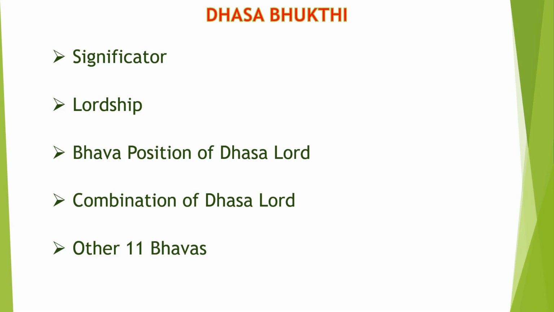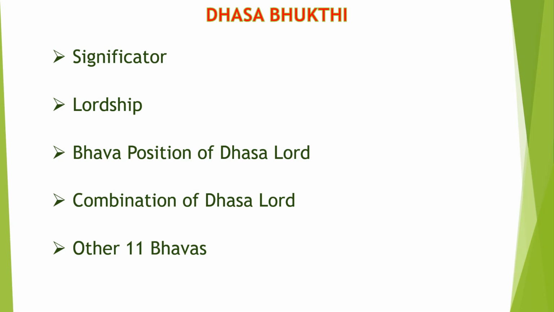So the next is the lordship. Some planet might have lordship and some planet might not. This we have discussed in the previous lordship lesson itself. Here, for example, we can consider that Jupiter Dasha is happening.